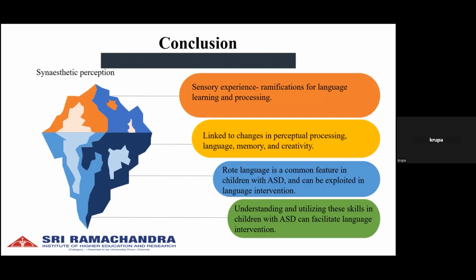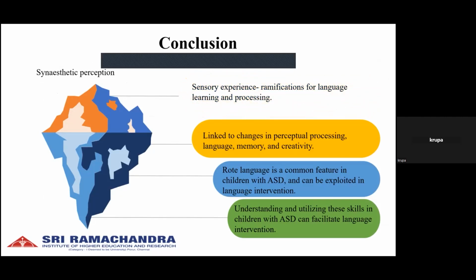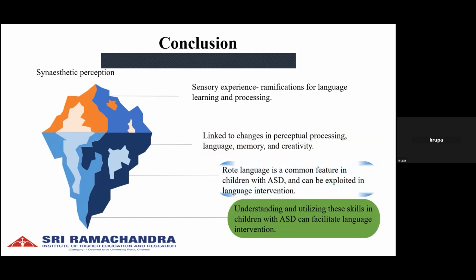To conclude, synesthetic perception is a sensory experience, but it cannot be treated as a mere sensory experience. It has ramifications for language learning and processing, and it is linked to changes in perceptual processing, language, memory, and creativity. Of all the 4 case presentations which I have done in children with autism, you would have understood that rote language is a common feature in them, and that rote language is also a reflection of a corresponding synesthetic perception when we relate through the characteristics.